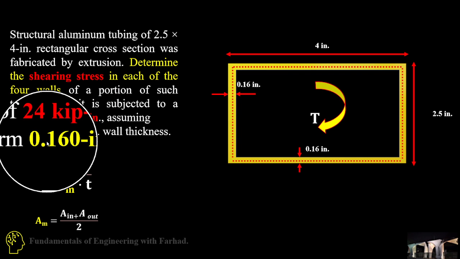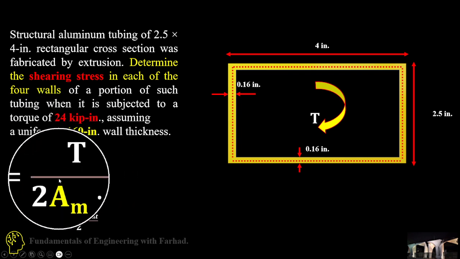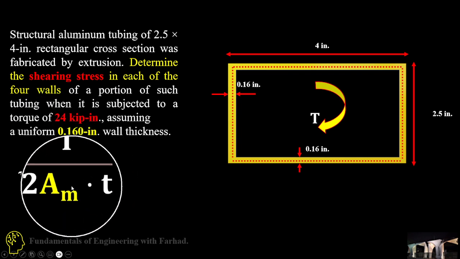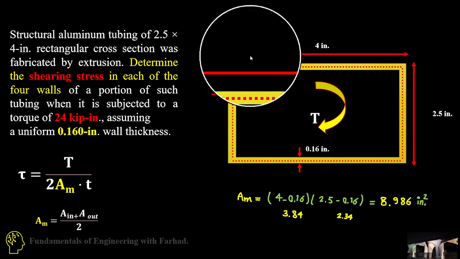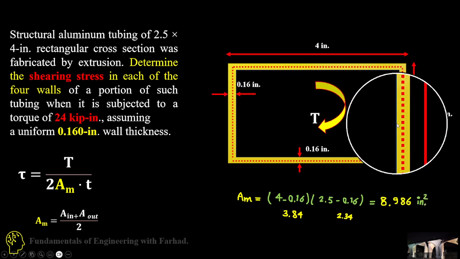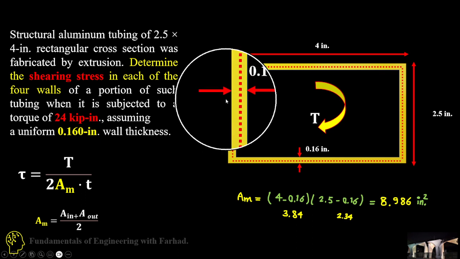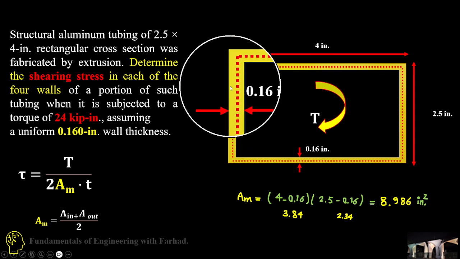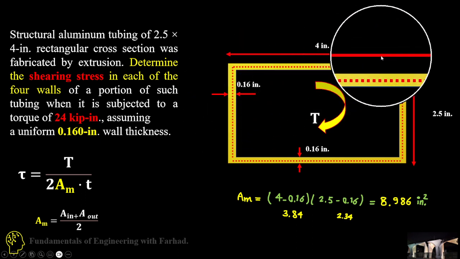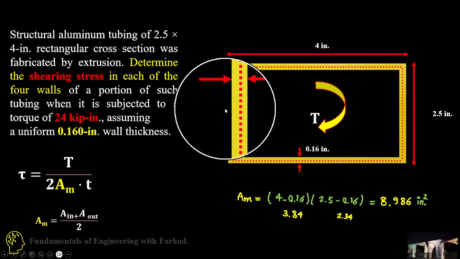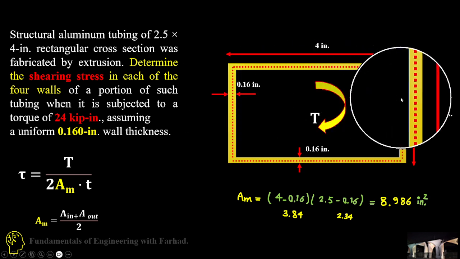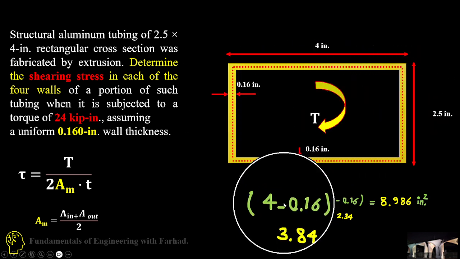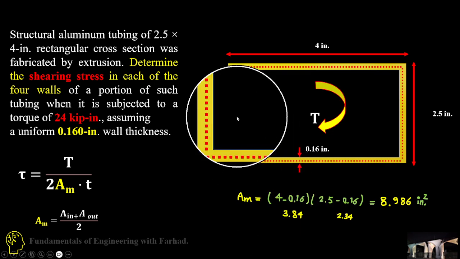Tau shear is equal to the torsional torque over 2 times the average area times the thickness, and A_m is the average of A in and A out. It's like drawing a dashed line between the outer and inner boundaries. The outside is 4 inches, and you subtract half the thickness on each side, so 4 minus 1 thickness for the length.